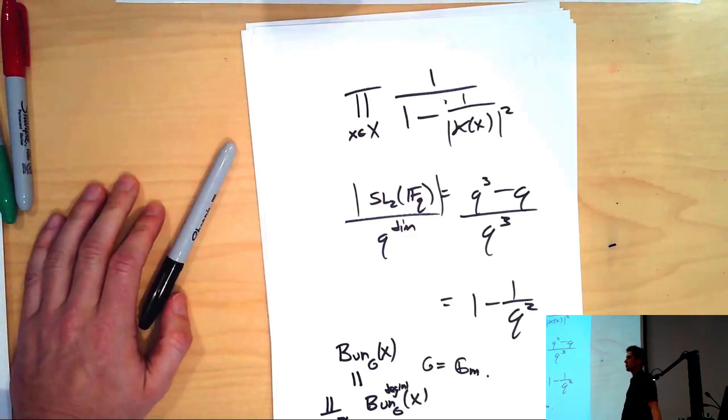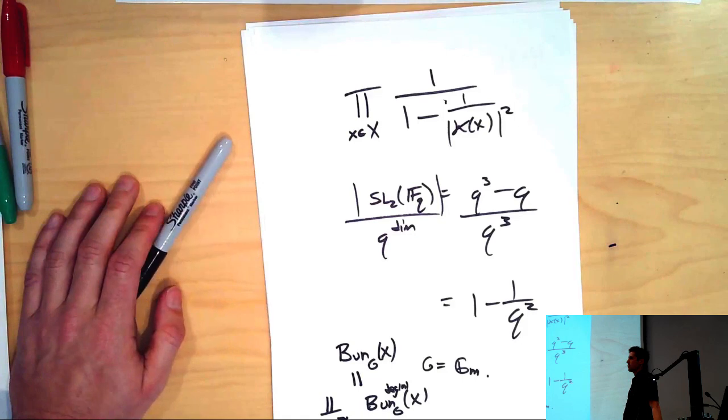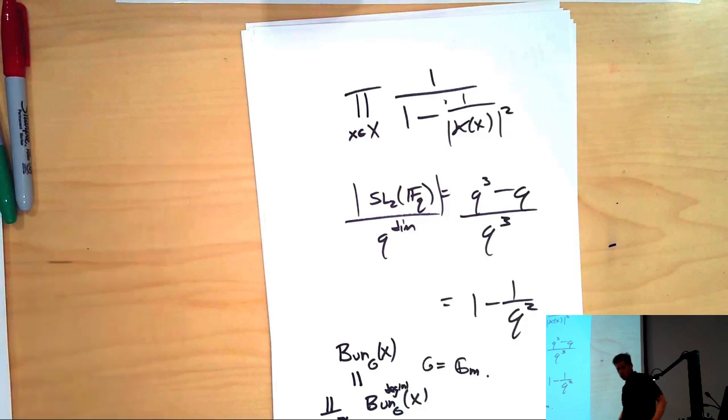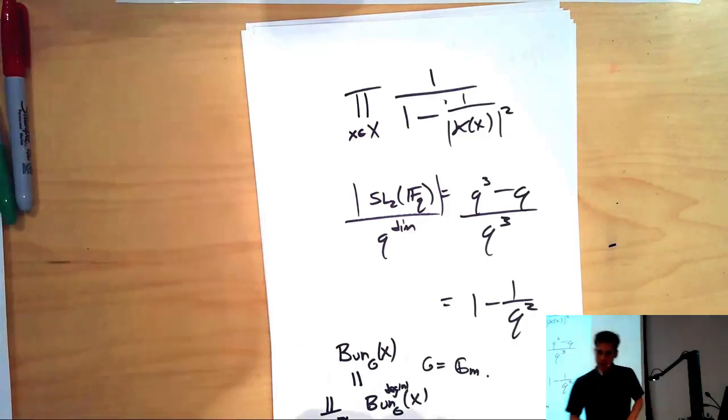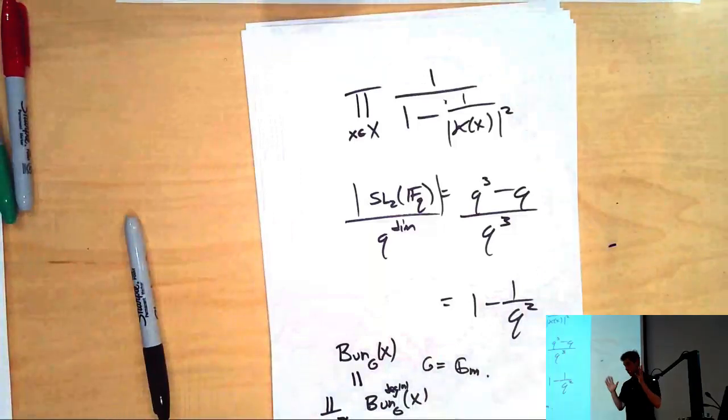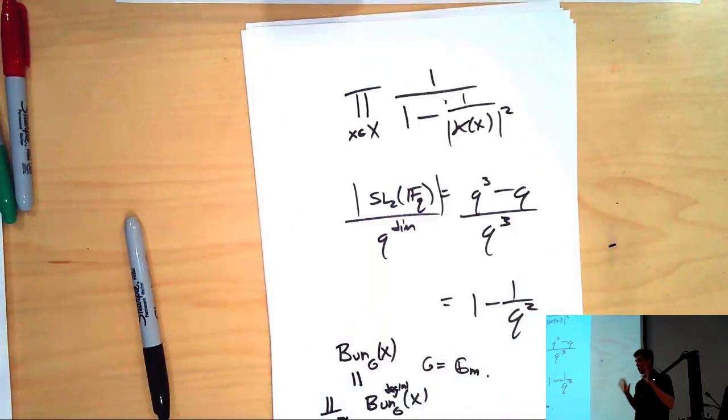If you look at the smooth covering of Bun_G, I think it admits a smooth covering by a scheme. So if you look at the Grothendieck trace formula for the scheme and for the stack, is there a relation? Yeah, so I mentioned that this is a theorem of Gaitsgory-Lurie that the Grothendieck-Lefschetz trace formula is true for Bun_G. It does not follow formally from knowing it in the case of schemes, but the problem is not really that Bun_G is a stack.